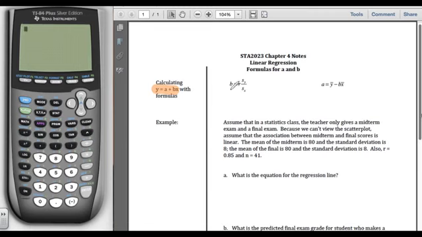But we didn't see where those values came from. Our textbook states that we can calculate B, our slope, first if we take r, the correlation coefficient, and multiply it by the standard deviation of the y data set divided by the standard deviation of the x data set. That's where we can get our slope from.